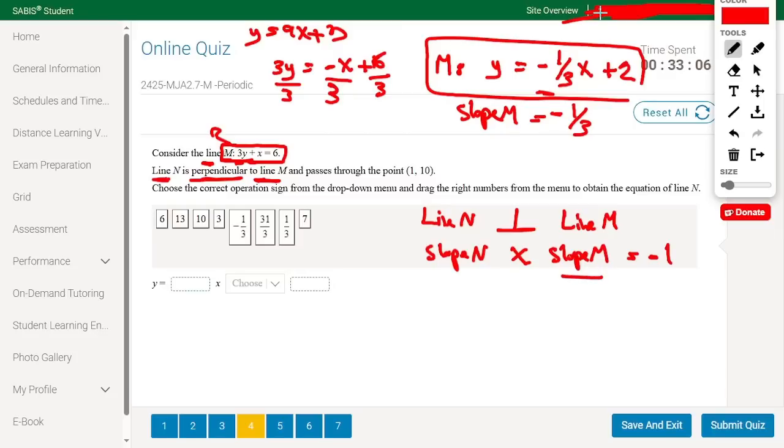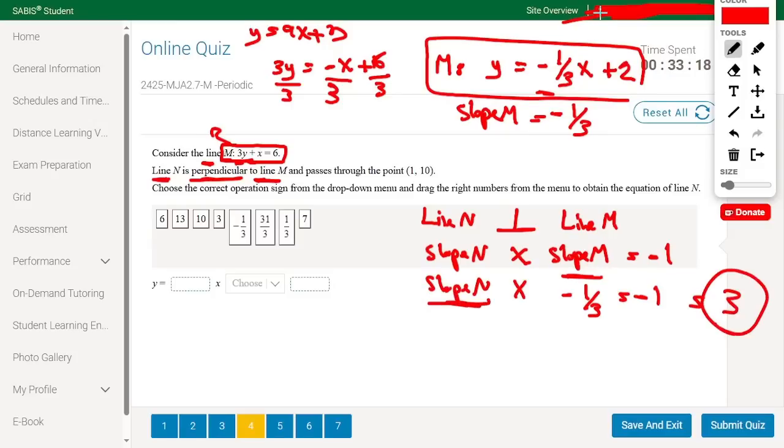So the slope of M is minus 1 over 3, which equals minus 1 divided by slope N, right? So slope N will be equal to 3. Now choose the correct operation sign from the drop-down menu and drag the right numbers from the menu to obtain the equation of line N, which is perpendicular to line M and passes through the point (1, 10).